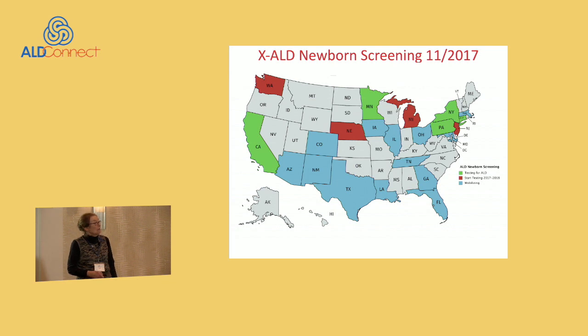And the blue states are mobilizing, and I might say Alabama should be blue. They say that they're going to start in a year or so. I was in Alabama to give a talk a couple of months ago.